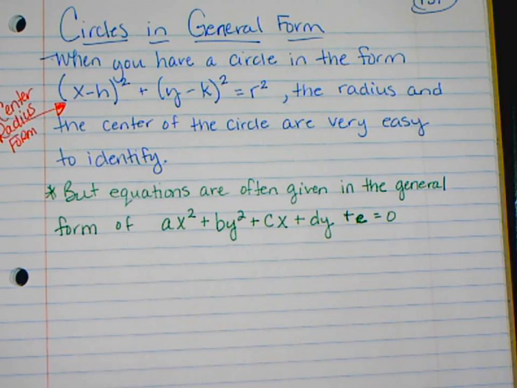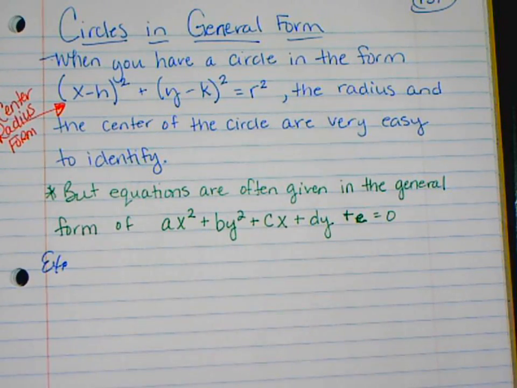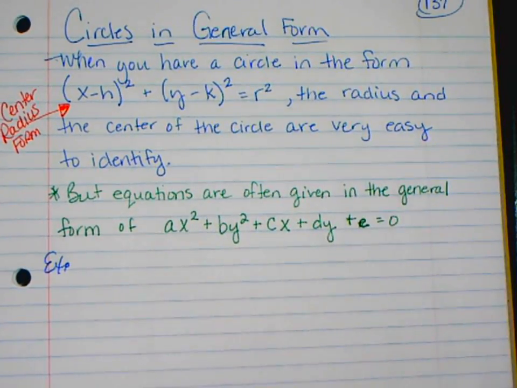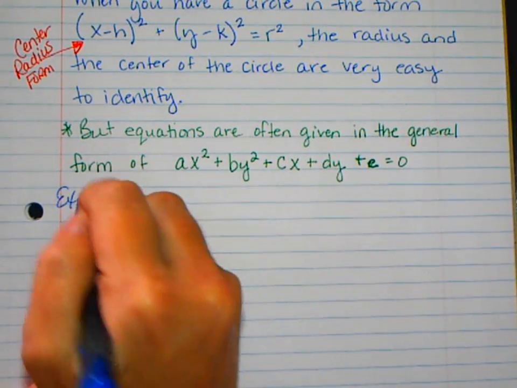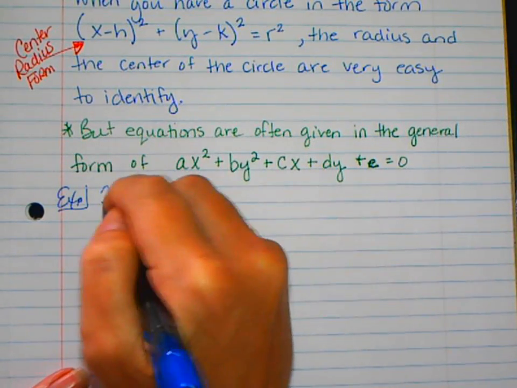So in my example, and leave yourself plenty of space to write the directions down the right side, we are going to find the center and the radius of the circle.